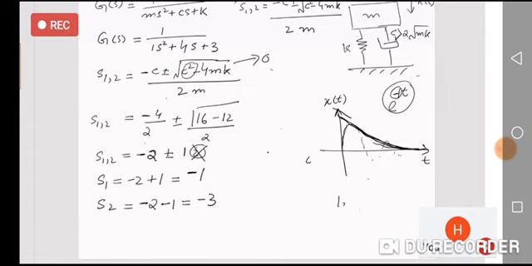If I plot it on the complex plane, then my first pole S1 is at minus 1, and my second pole S2 is at minus 3.